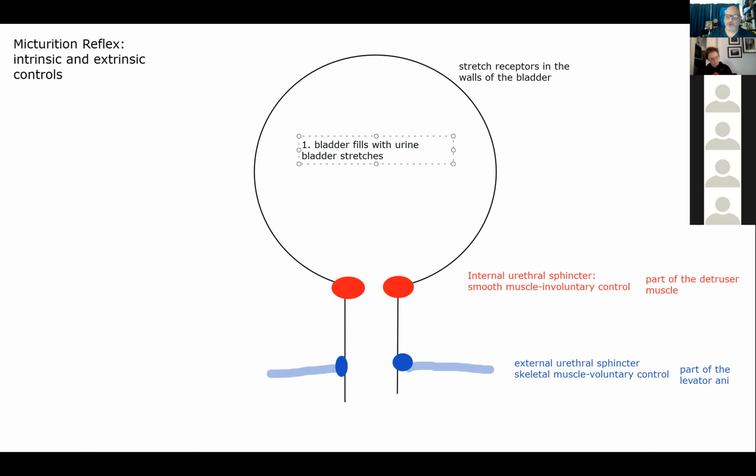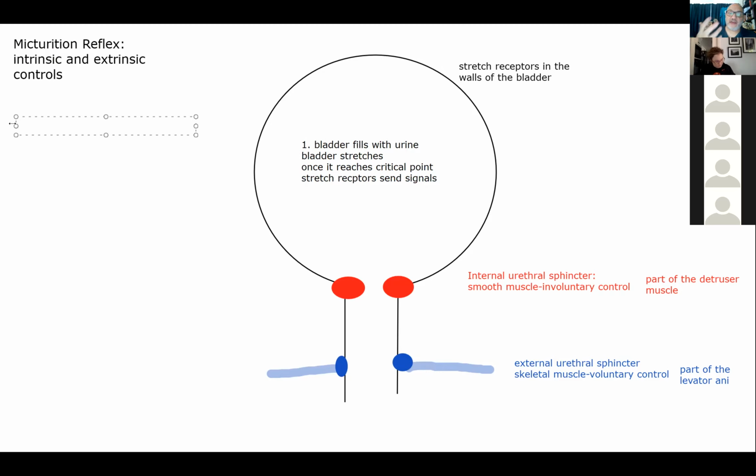Once it reaches a critical point, then at that point, our stretch receptors are going to send signals. And those signals go two ways, two places.